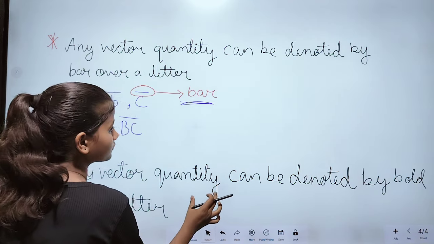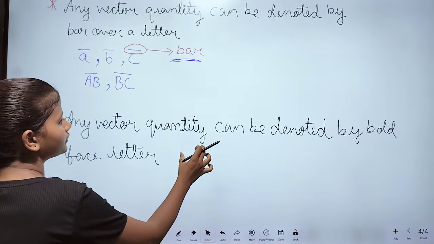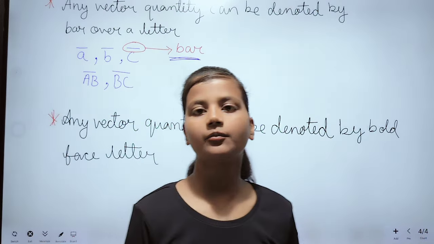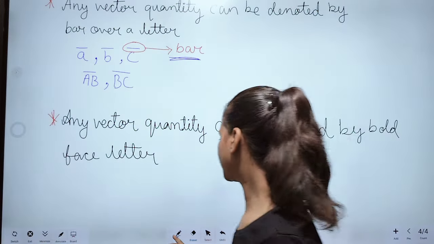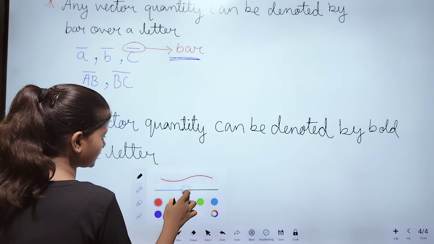Okay, any vector quantity can be denoted by a boldface letter. Okay, boldface letter like this.